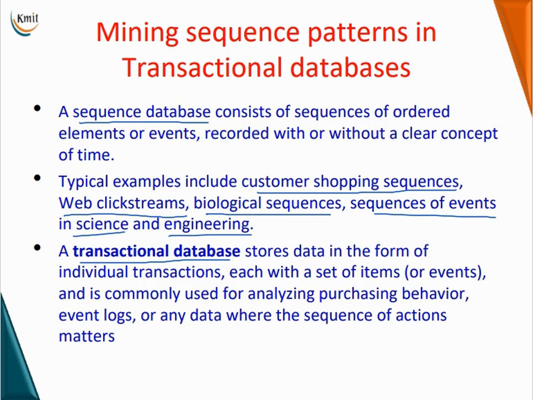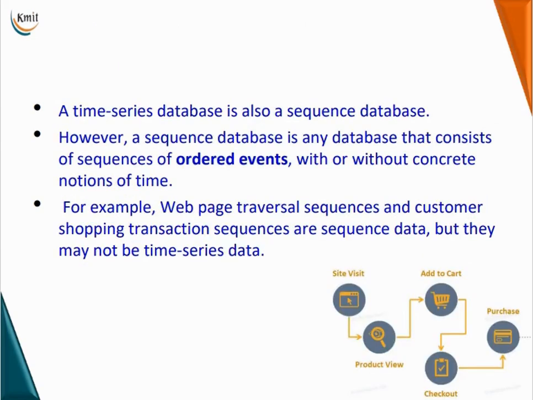Next, transactional database. A transactional database stores data in the form of individual transactions, each with a set of items or events, and is commonly used for analyzing purchasing behaviors. Next, a time series database is also a sequence database. However, there is a small difference between a time series database and a sequence database.